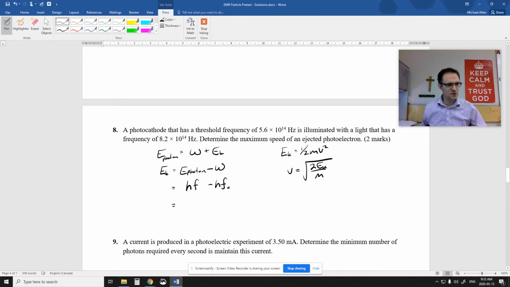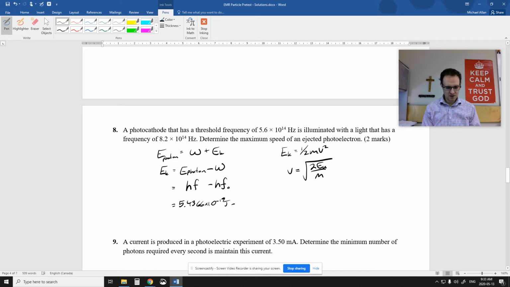So I'm going to find those two numbers, and I'm going to do this all in joules, because the EK formula, the 1/2 mv squared, can only use joules. Okay, so the energy of the photon is 5.4366 times 10 to the negative 19 joules.